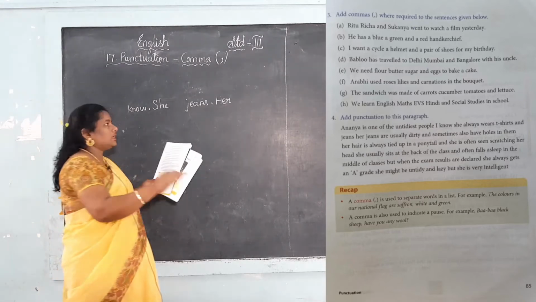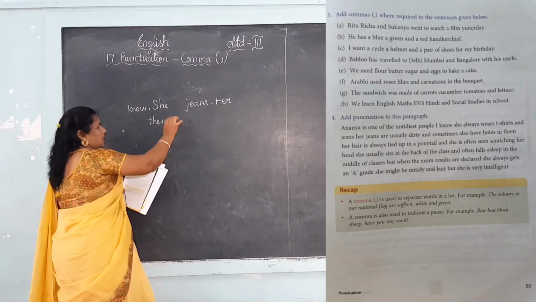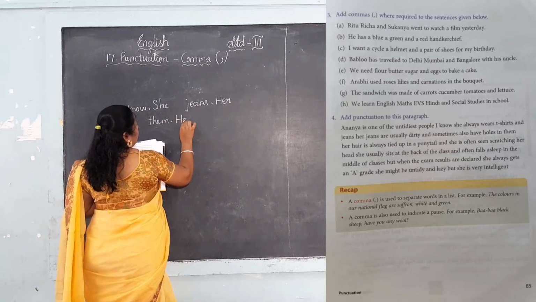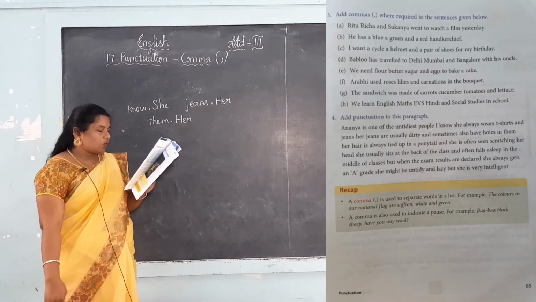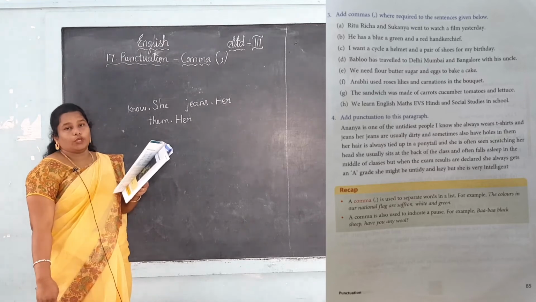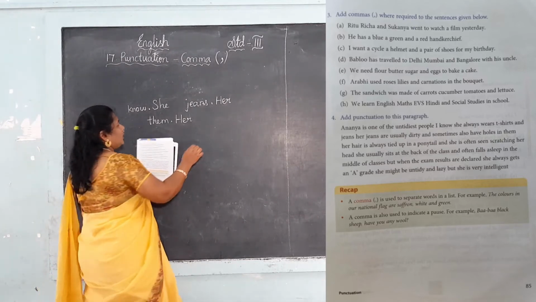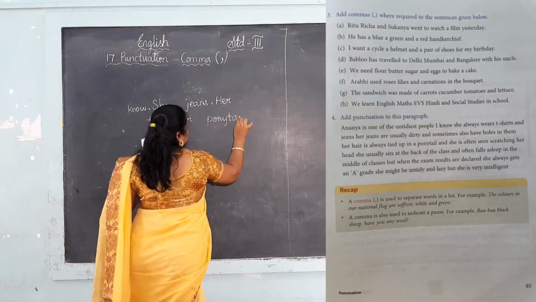See, them, the sentence is over. So, after that, after them, you want to put full stop. Okay, and then the beginning of the sentence, H, capital, hair. Her hair is always tied up in a ponytail. There is one pause. So, after the ponytail, we have only now learned, right? See, pause.